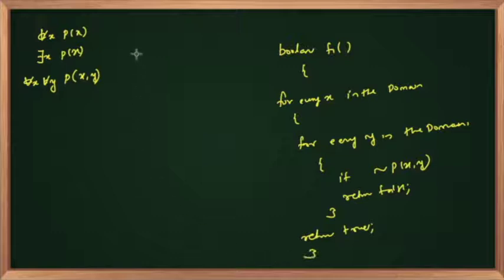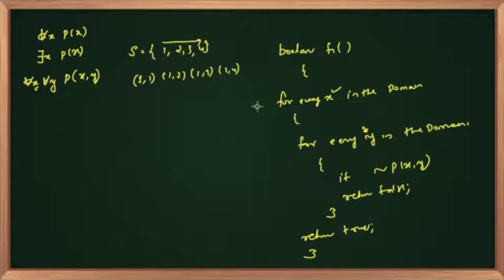So maybe I will explain this with some elements. Let's assume your domain for both x and y is 1, 2, 3, 4. You fix the value of x. First you select one value for x, that's 1. Then for every y, you are checking y from 1 to 4: 1,1; 1,2; 1,3; and 1,4.